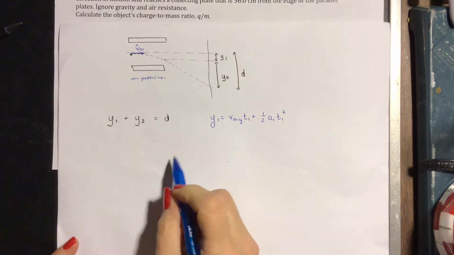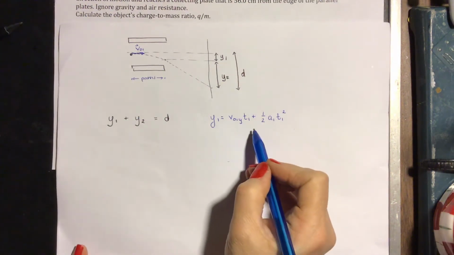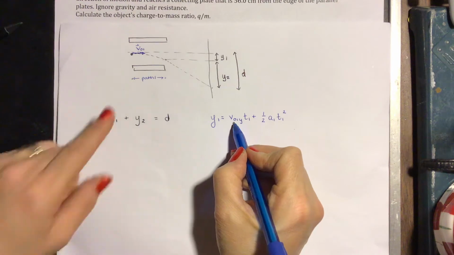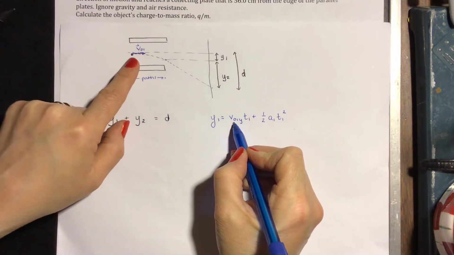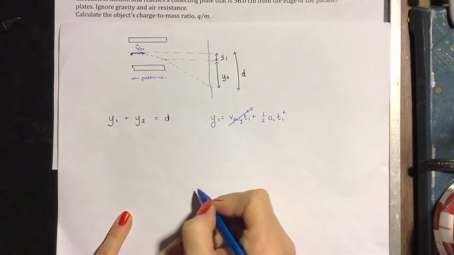It has an initial velocity when it leaves here that's horizontal. So there's a kinematics formula. It's coming down, it's got projectile motion, so let's fill in what we know. Right off the bat, v01y is equal to 0 because initially it's moving horizontally. So that whole term is gone.